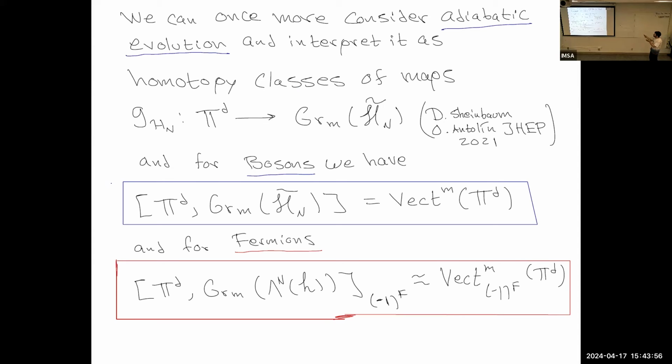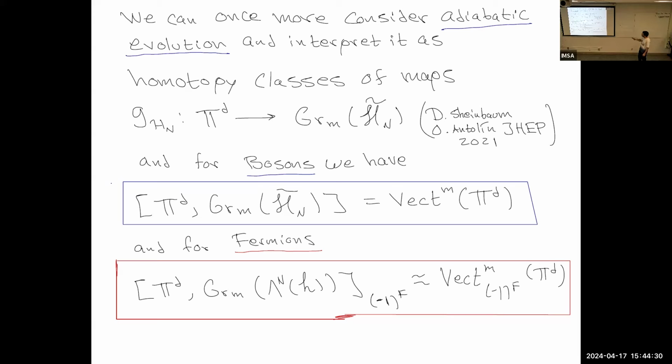If you consider adiabatic evolution, which is again varying a parameter slowly, and you have a gap, this will be equivalent to looking at homotopy class of maps. So this is an interpretation. Analysts always say, okay, if you want to do this rigorously, you can get fancier things. I think Ogata and Sven Bachmann have something which they call C1 phases. But this is an assumption that almost everybody in the interacting and non-interacting literature do.